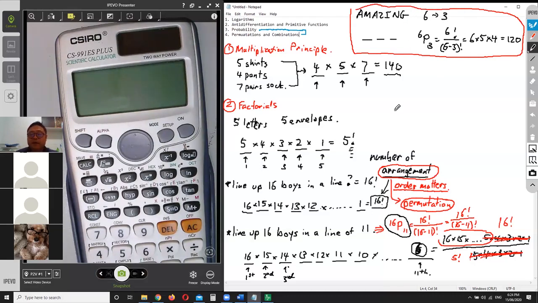A slightly more advanced question is, how many permutations are there of the word amazing by rearranging the letters? There are 7 letters, 1, 2, 3, 4, 5, 6, 7.